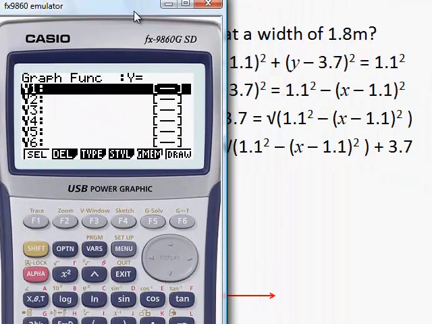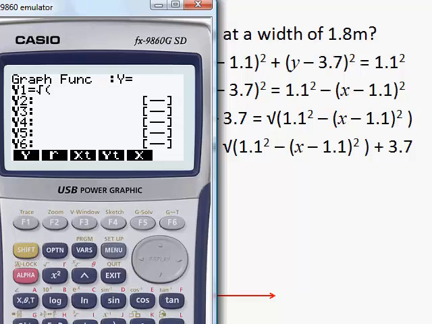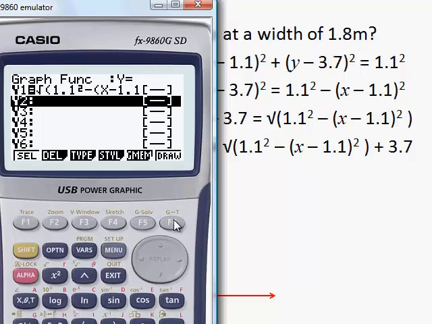We just type that into our calculator, and we have to be careful to type it in exactly. 1.1 squared, you might as well just leave the squared in rather than working it out. And then our second bracket, and we draw that.